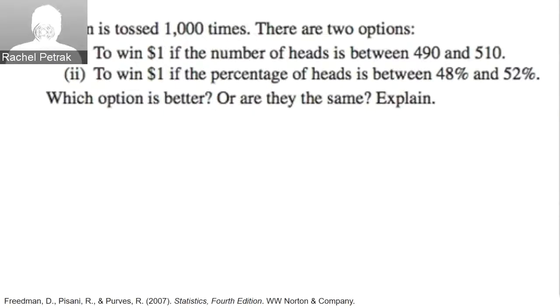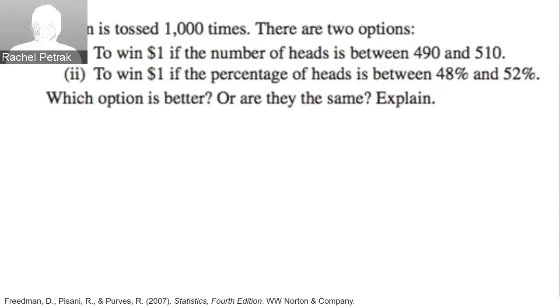A coin is tossed 1,000 times. There are two options: to win $1 if the number of heads is between 490 and 510, or to win $1 if the percentage of heads is between 48% and 52%.